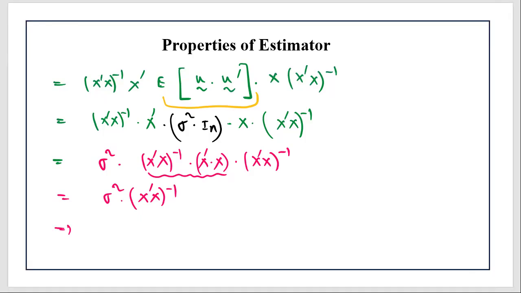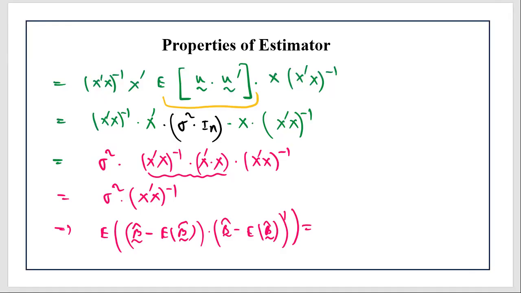So what we see is that the expectation of beta curl minus expectation of beta curl, into the transpose of that, will simply come out to be this. And this is nothing but the variance matrix, the covariance matrix basically. This is known as the covariance matrix.